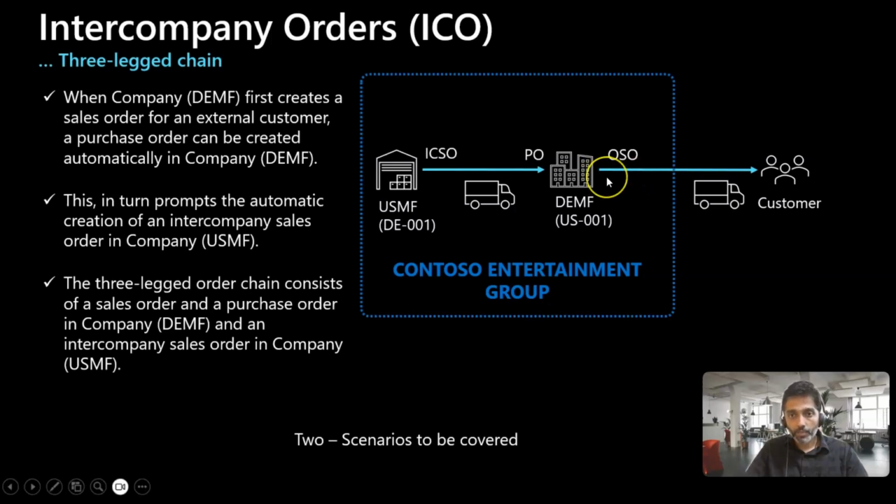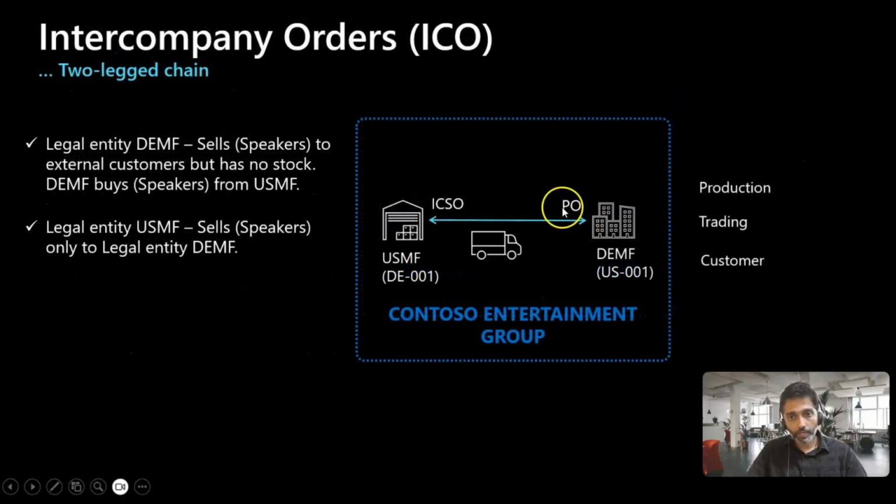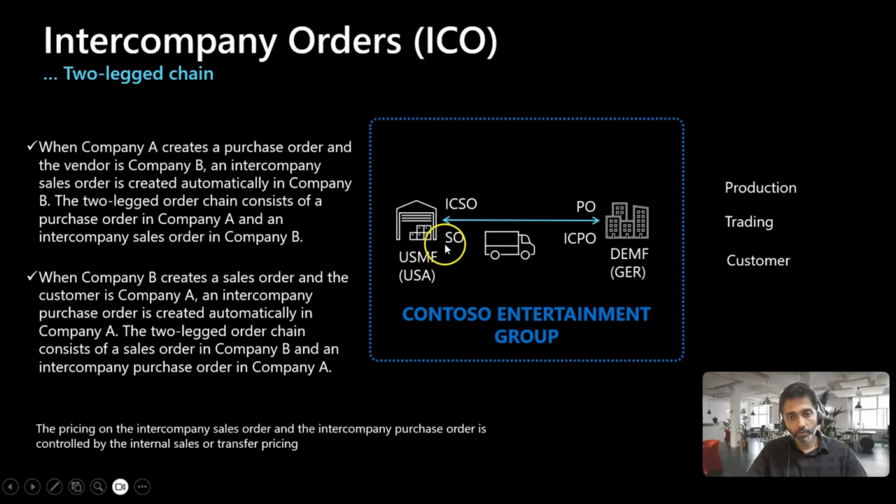But in this case, if we create an original sales order, then automatically the purchase order is created in DEMF and the intercompany sales order is created in USMF. In the previous chain, we created the purchase order, which resulted in creating an intercompany sales order. Or if you create a sales order, that results in creation of the intercompany purchase order, right?